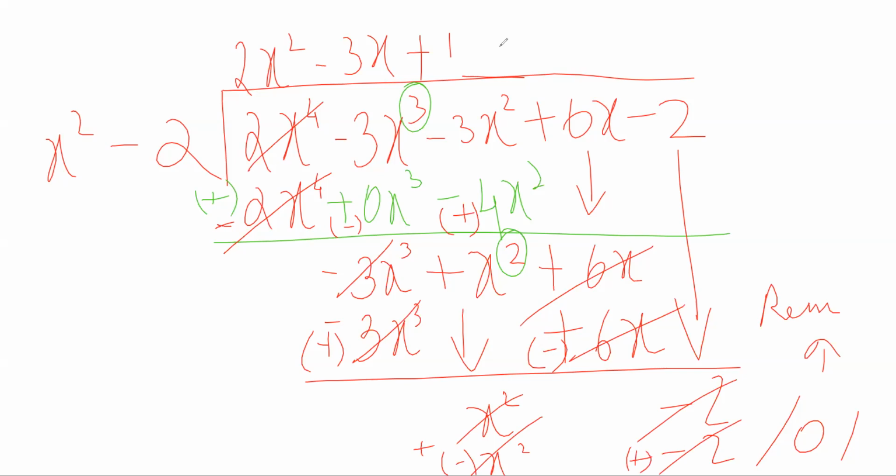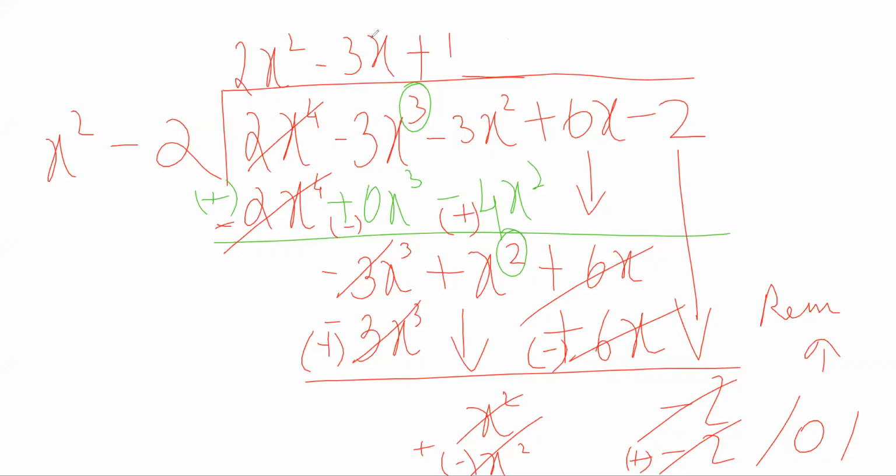So now you have learned when two zeros are given, how to find the rest of the two zeros. Next, what you should do? The next step over here is we have the q of x. What you should do is take this q of x and we are going to factorize this q of x.